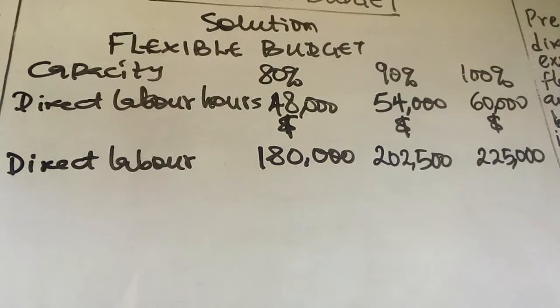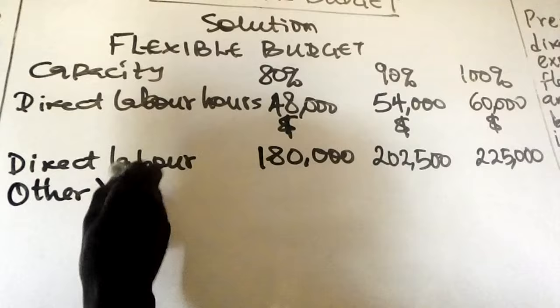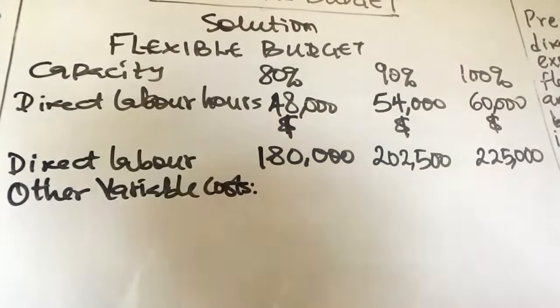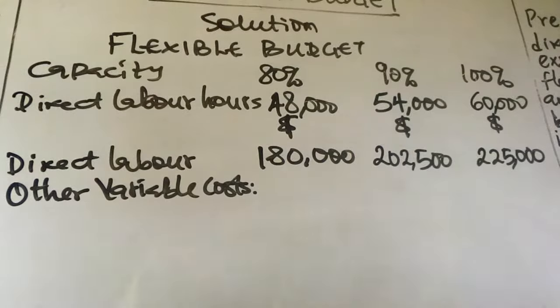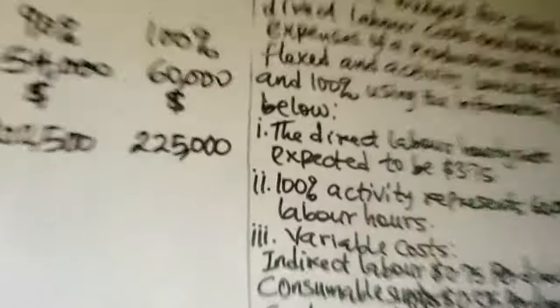Aside the direct labor cost, we have the other variable cost given in the question. You know direct labor is also a variable cost. Then you are given other variable cost aside that direct labor. So now back to the question.